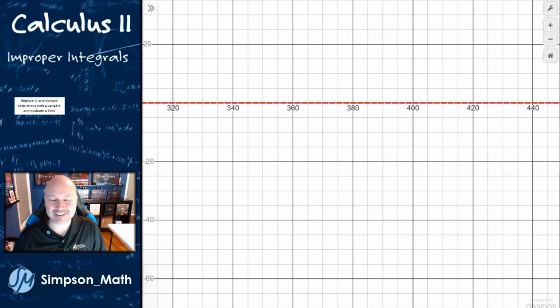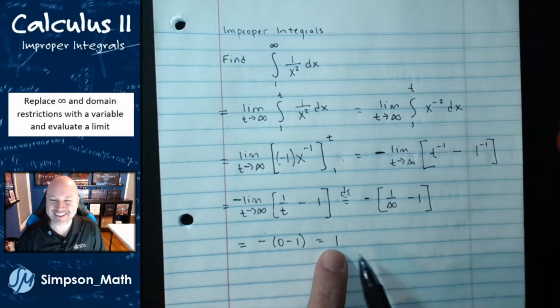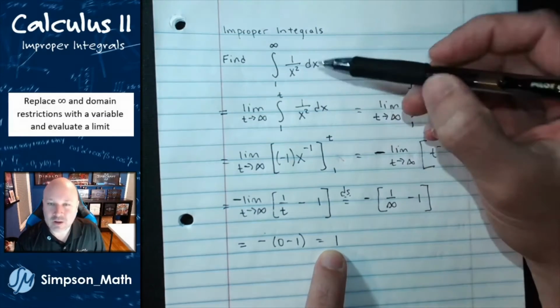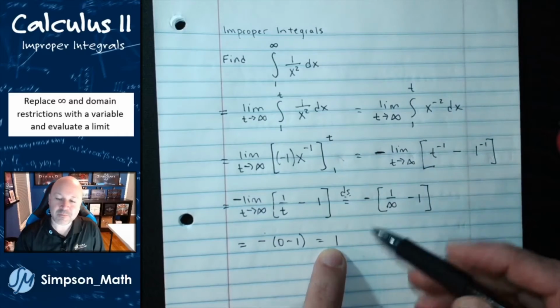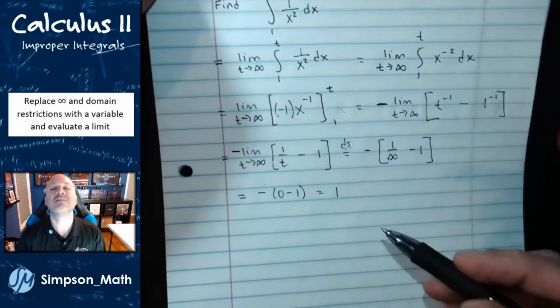Keep adding area. Come to find out, when I'm done adding, beyond infinity and beyond, it's going to sum up to 1. All that shaded area sums to 1. That's interesting.